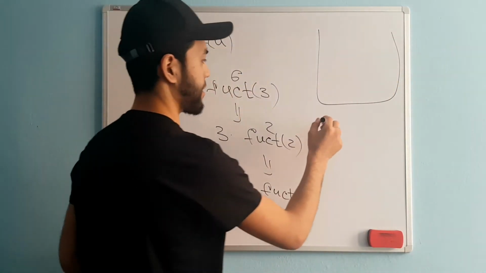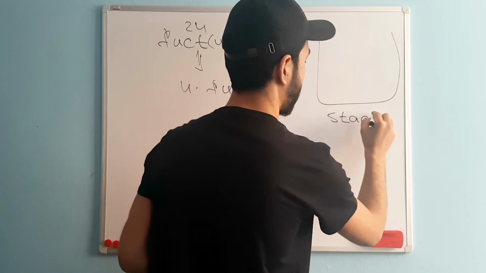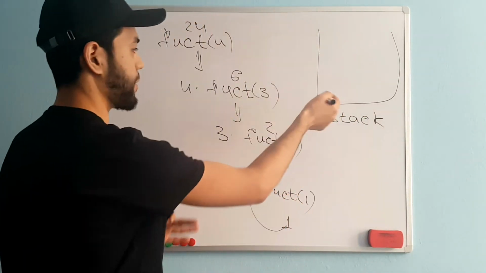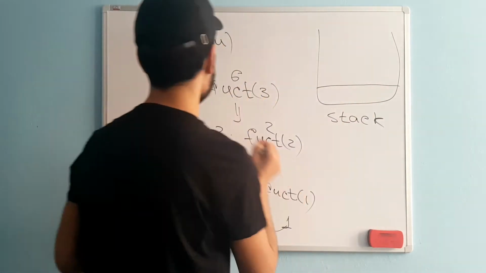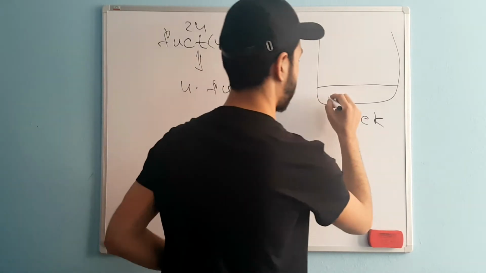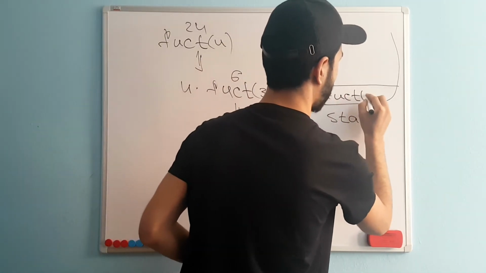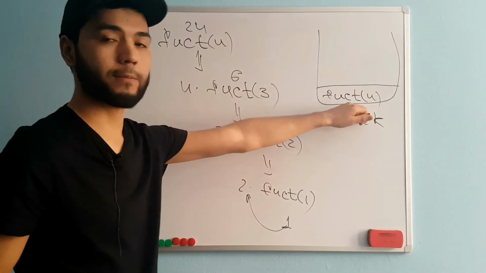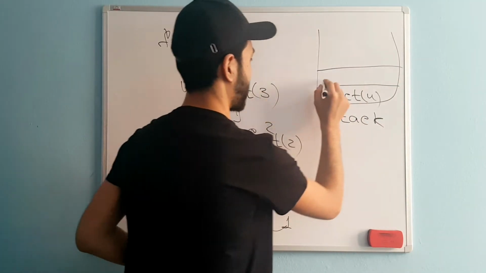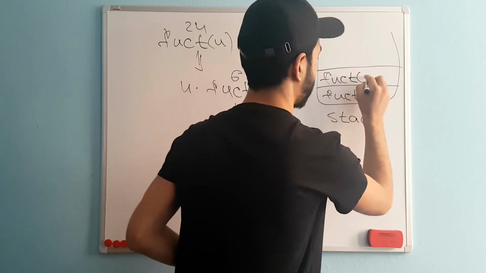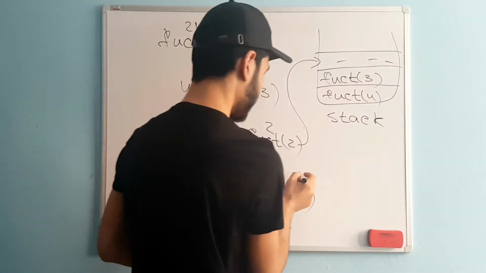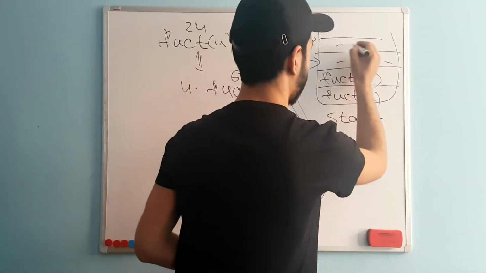Our stack memory, you know the stack memory, that is LIFO, last in first out. In our memory, our computer first stores the first function, factorial of 4, it stores it here, and then it stores factorial of 3 also, and stores the next one also, and also the last one here.